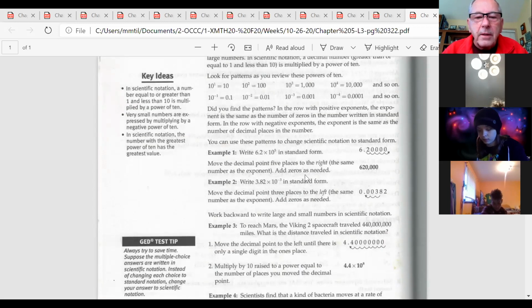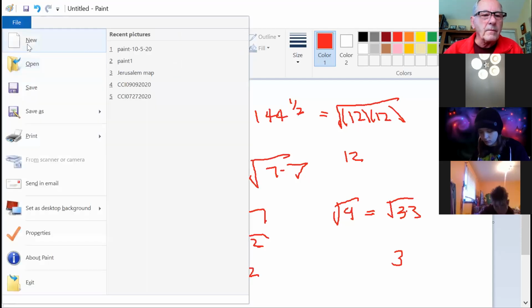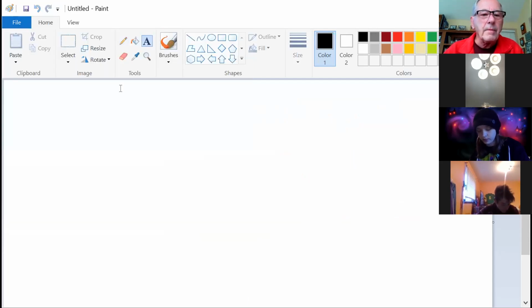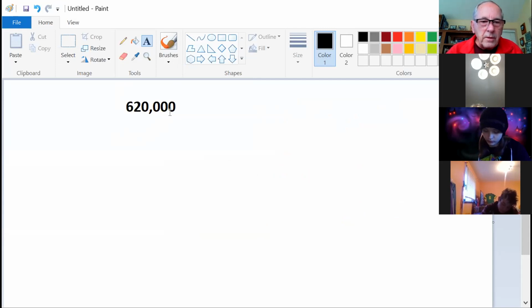Now, a number in standard form is like 620,000. And if we were to put that in scientific notation, go back to my screen here. Share. Okay, so if we had the number 620,000, and I said convert this to scientific notation, I'll go to my pen here.